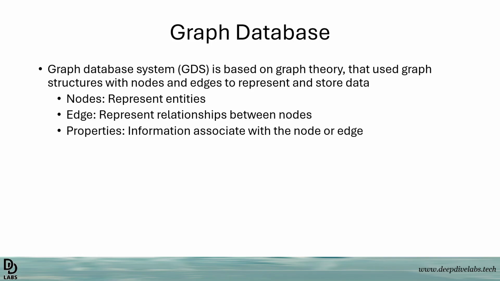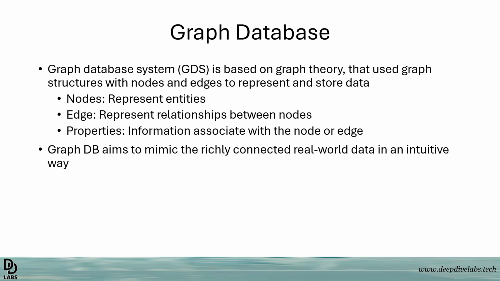Both your nodes and your edges can have properties, information associated with nodes or edges. A graph DB is aimed to mimic the highly connected real world data in a very intuitive way, right?